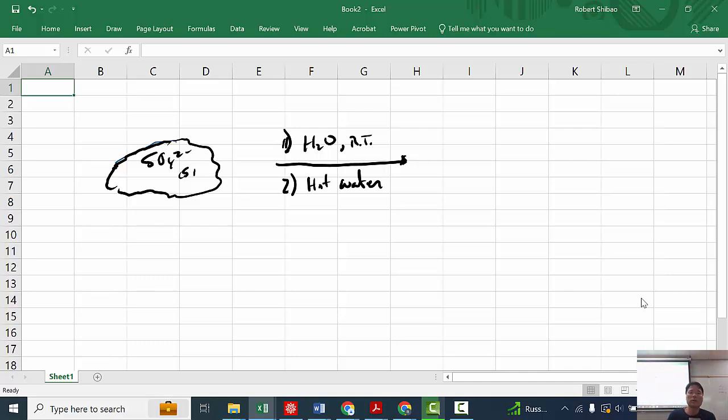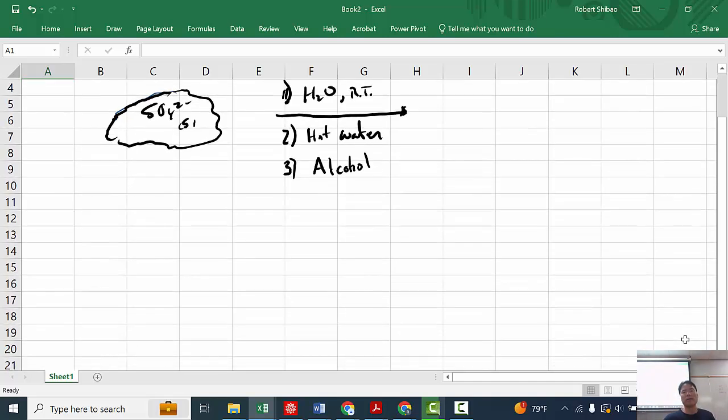You know what I'd probably do? I might try something like alcohol. The reason I might try something like alcohol is because of the solubility rules for molecular compounds. So let me talk a little bit about the solubility rules here.